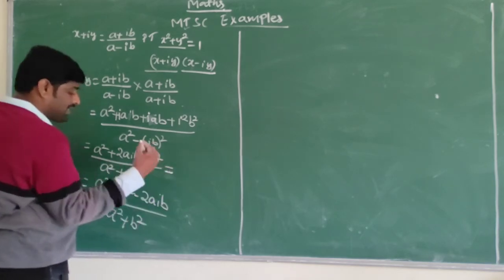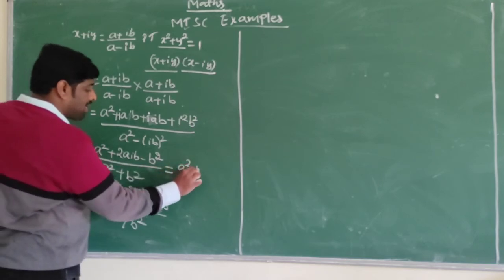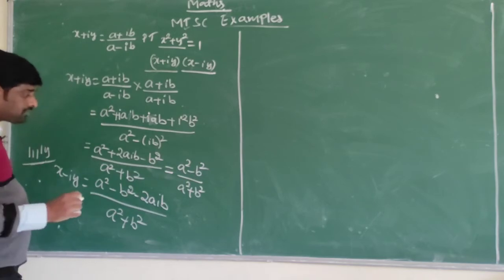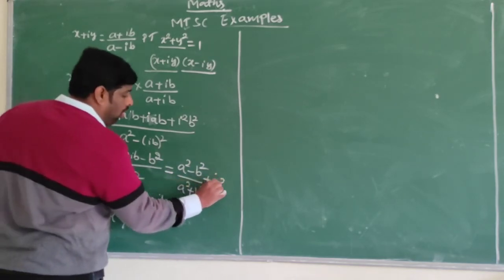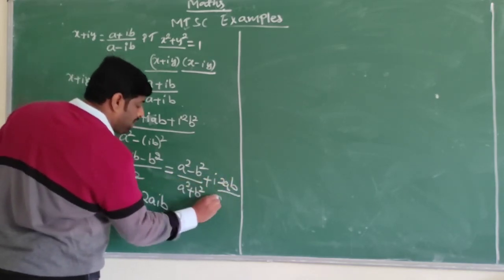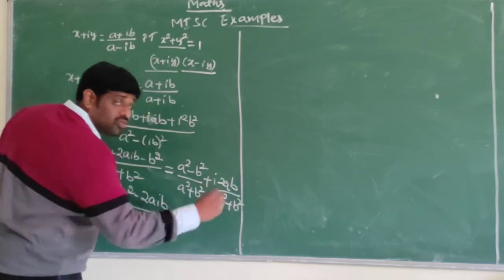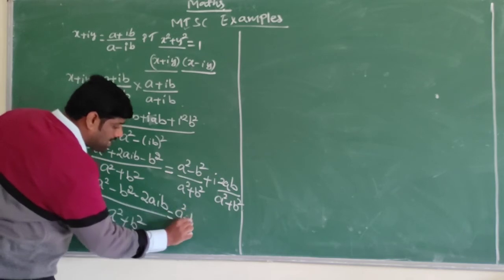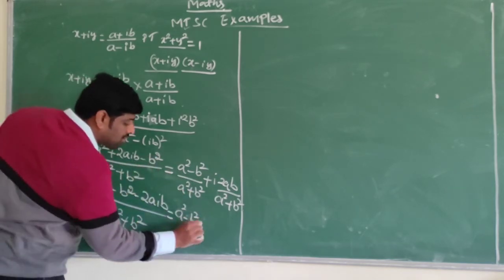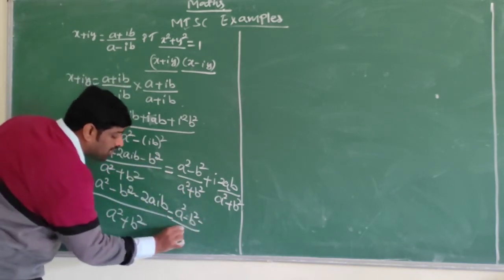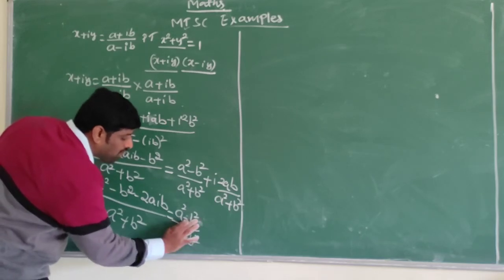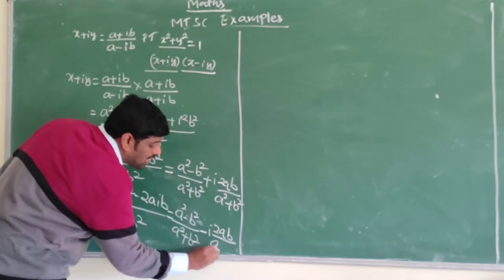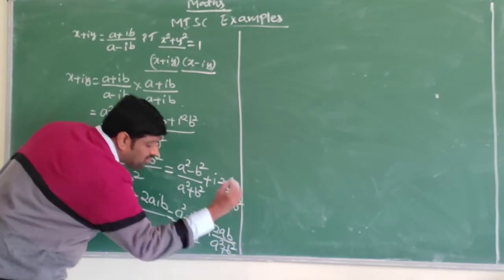This can be written as a square minus b square divided by a square plus b square, minus i into 2ab divided by a square plus b square.